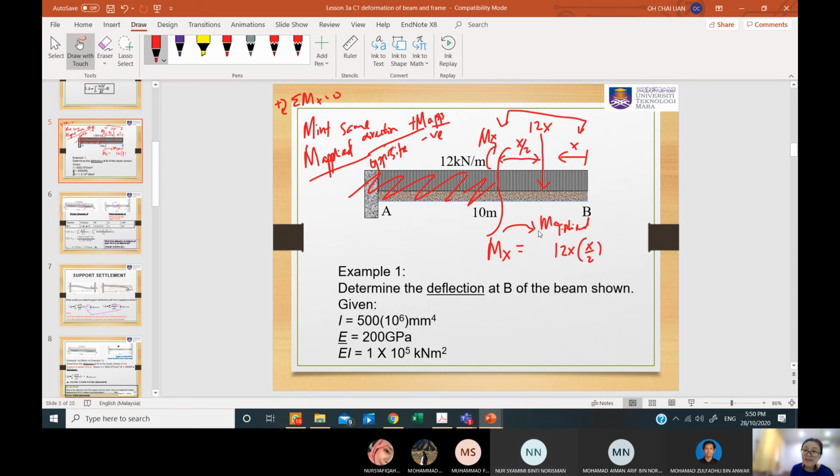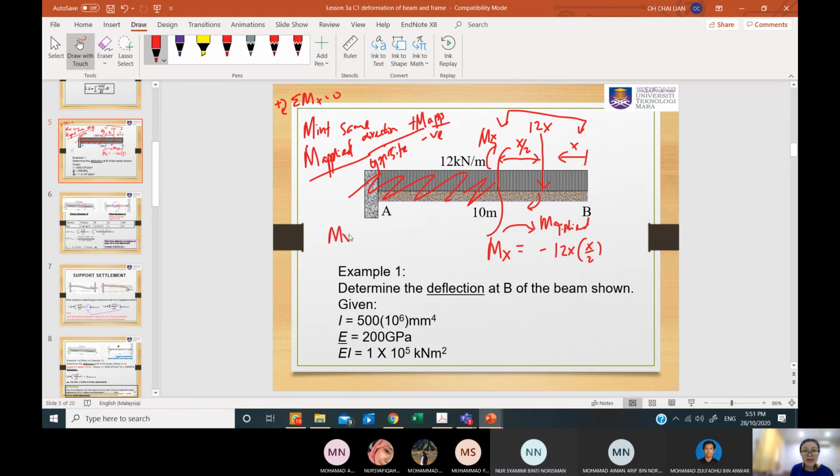Okay, so now I need to compare here. These external loads, or M applied here, will act in what direction? Clockwise, right? Yes, clockwise. So it is the same as my M internal, MX. So if it is the same, I just put negative here. This is what I mentioned in my slide just now. Previously you wrote a long one, right?